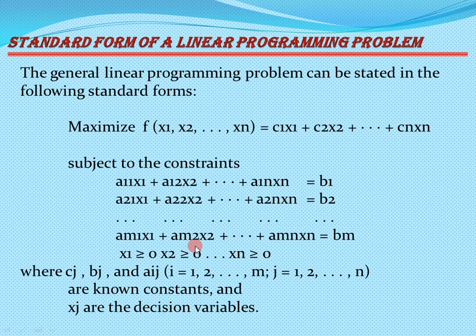In this problem, the cj values, that is from c1 to cn, the bj values from b1 to bm, and aij, that is a11, a12 up to a1n, are known as the constants. And the xj variables, that is from x1 to xn, are called the decision variables or the design vectors, which we have to find.